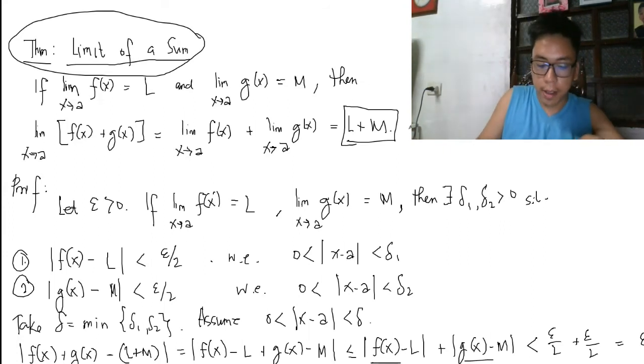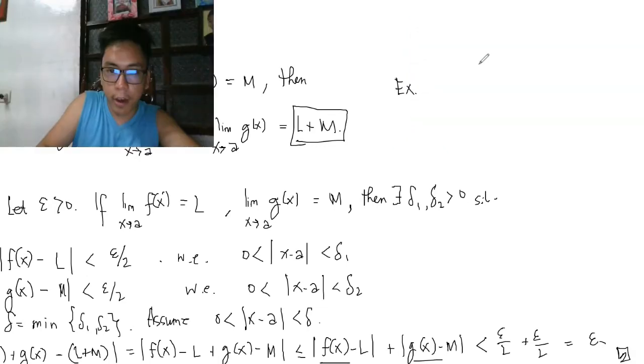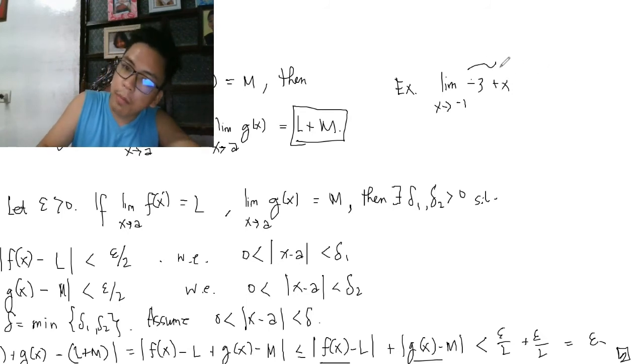Okay. So let's show an example for this. You would have the limit of negative 3 plus x as x approaches negative 1. Remember, this is the sum of two functions.